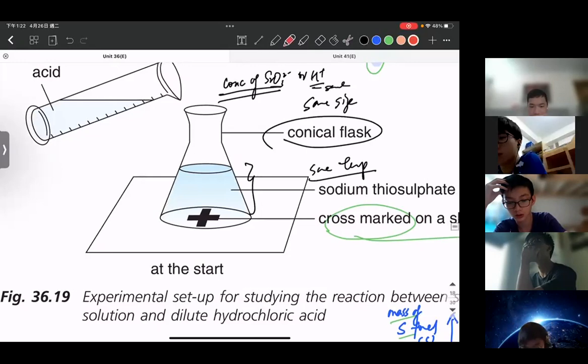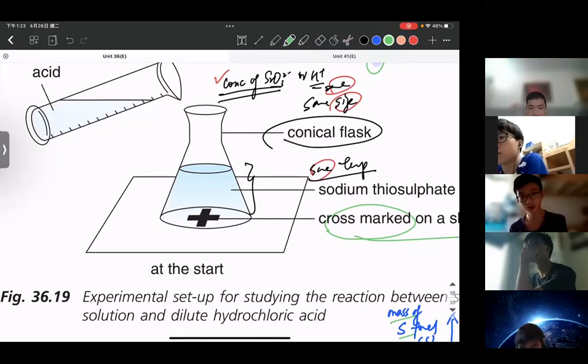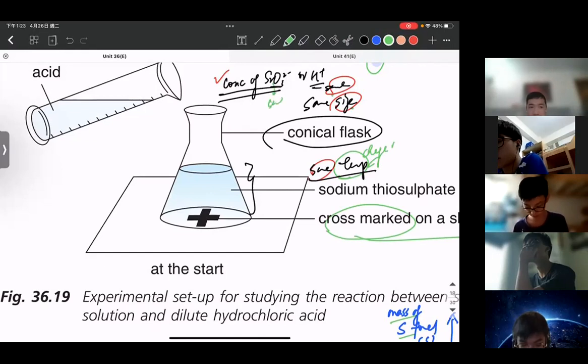In case I want to study this factor, all those others should be the same. If I am going to change how the temperature affects the reaction, this part I need to force to be the same. I change it correspondingly. Fair test, okay?